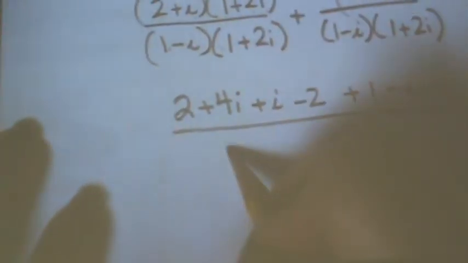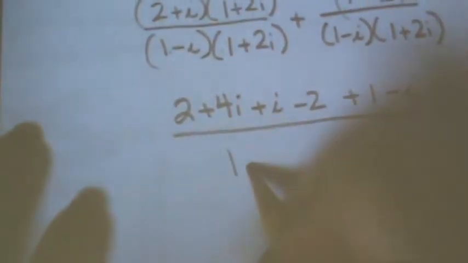So what you're going to do is FOIL this out. 2 times 1 is 2 plus 4i plus i. And then this is plus 2i squared or minus 2. And then we'll just do plus 1 minus i. That's your whole numerator. Now what we can do is FOIL this, because these are both the same. 1 times 1 is 1.